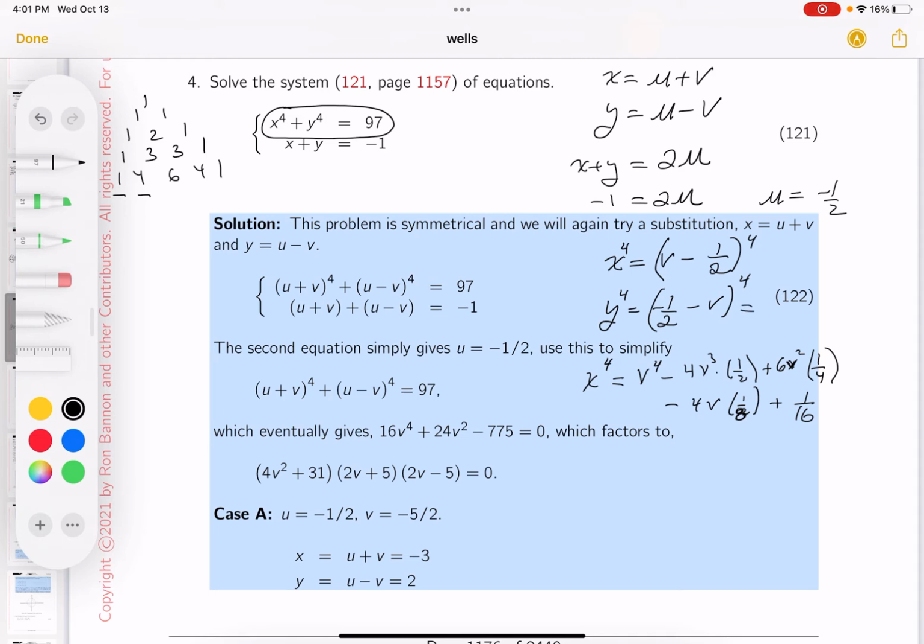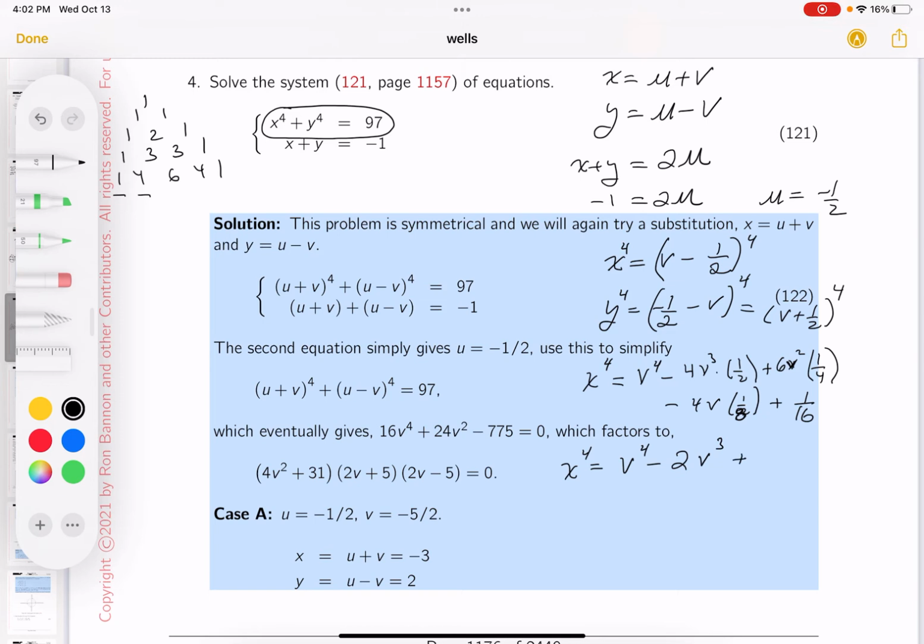I think it might be just as easy, but here's the deal. This is the same thing as v plus 1/2, I'm sorry, to the 4th power. All right, let me write this down. So x4, I'm going to clean it up. v4 minus 4. No, I'm not going to put 4 down. I'm going to make it simpler, right? That's just 2 v cubed.